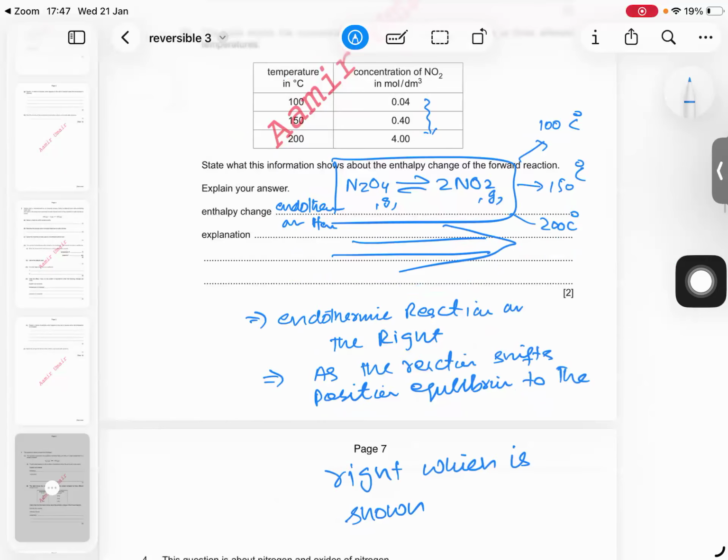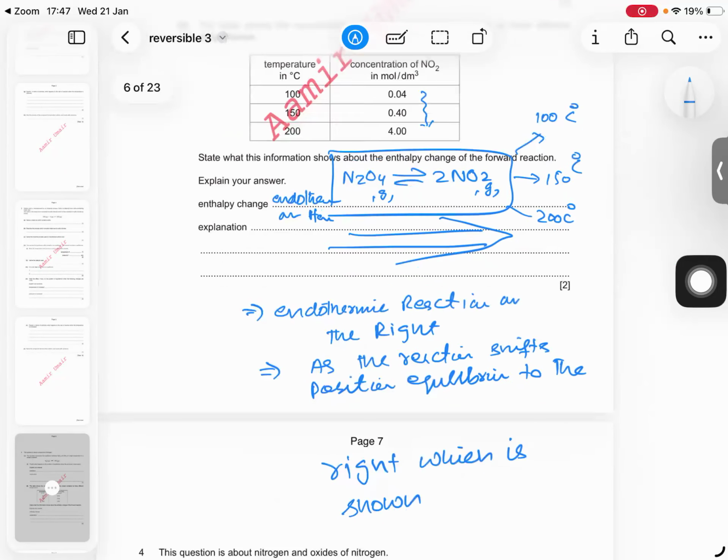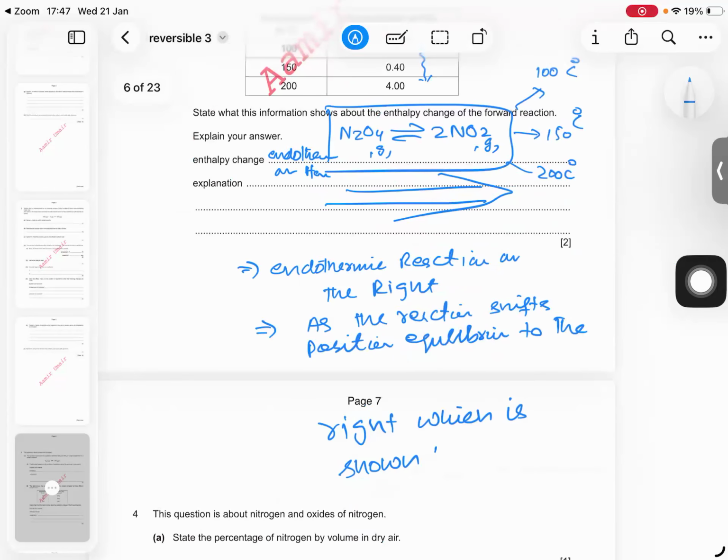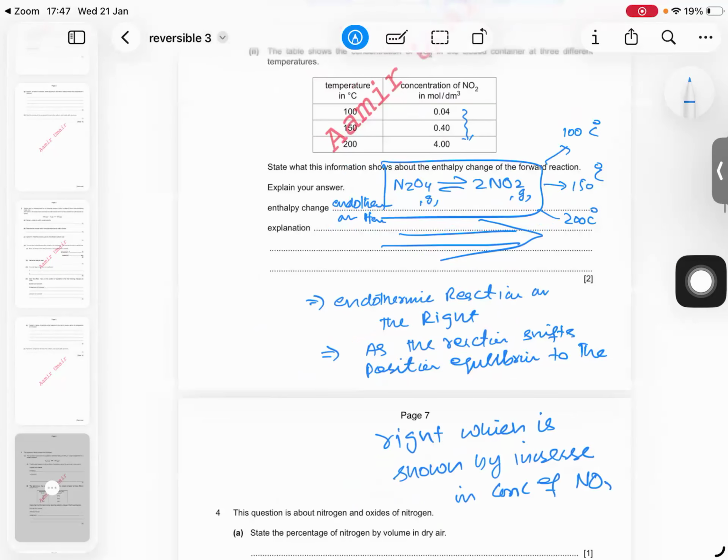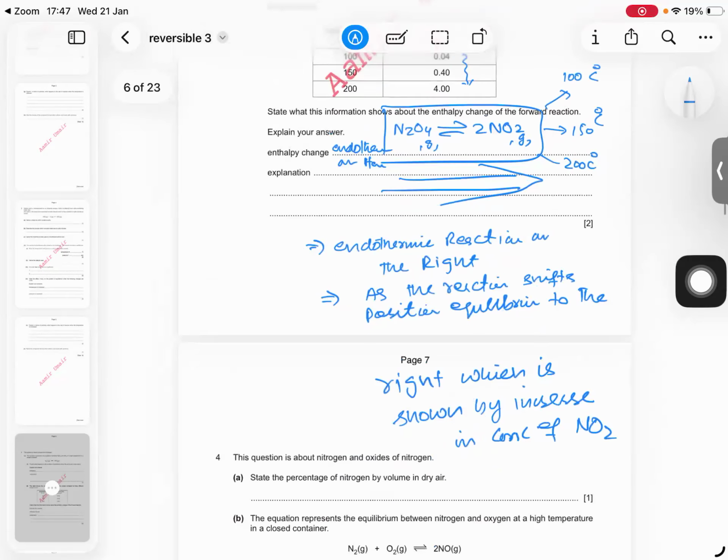So you have to mention how you got to know it's going to the right hand side, which is shown by increase in concentration of NO2 by increasing temperature.